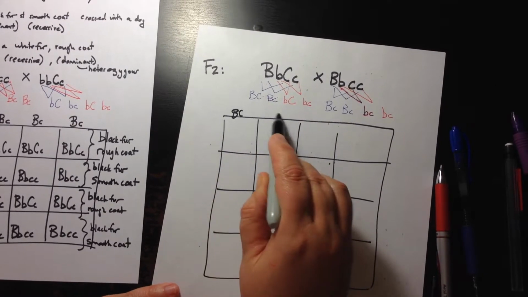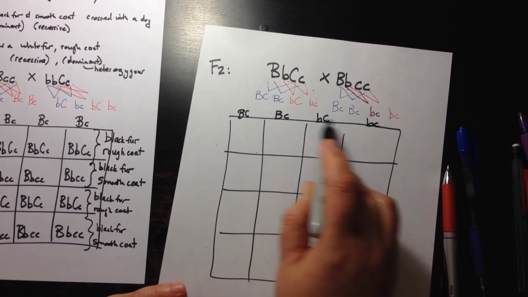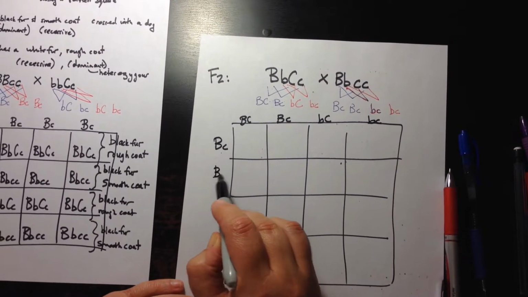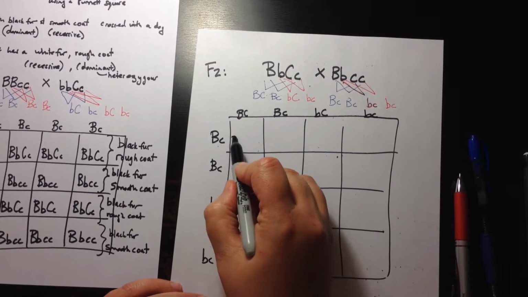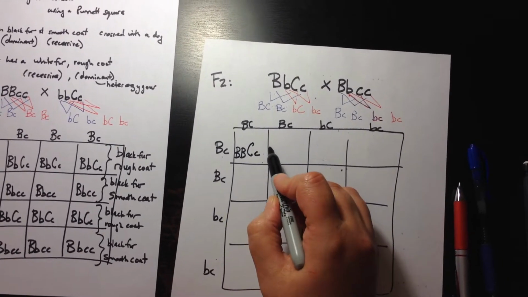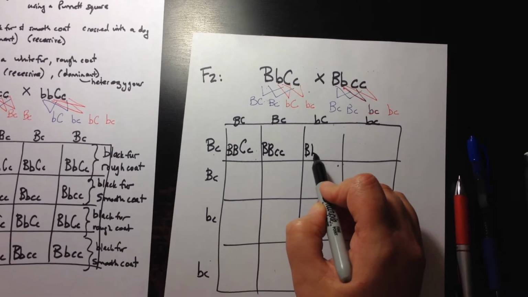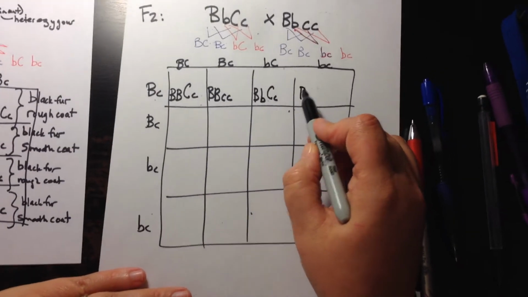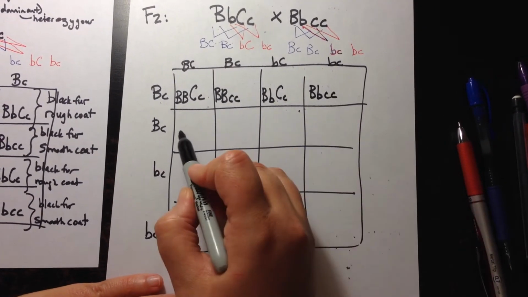So let's start. That is our first set of gametes we had over there, and then we take those and we put them on this side. And just like we did for the first Punnett square, we combine everything together. And now you'll see that the F2 offspring is going to look different than the F1 offspring.